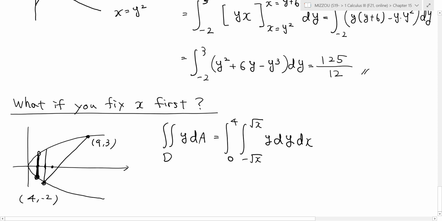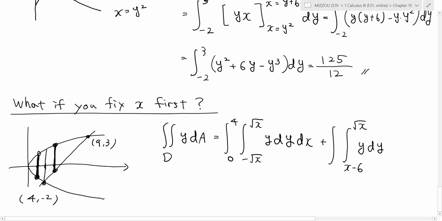But on the other hand, if you fix your x somewhere around here, then y is from the line to this upper part of the parabola. So this is plus the integral from x minus 6 to root x of y dy, where root x is the upper part of the parabola.